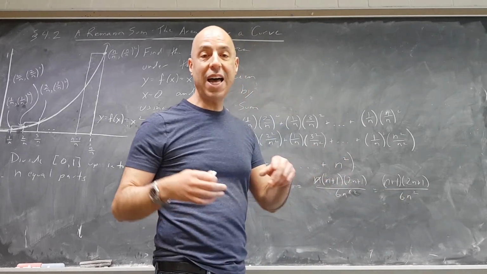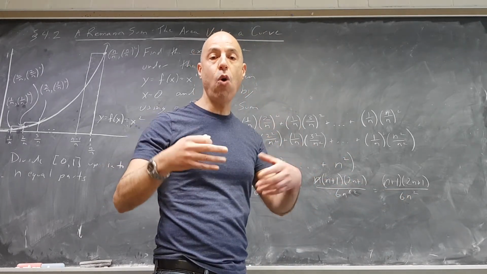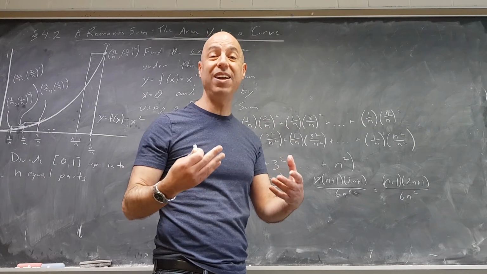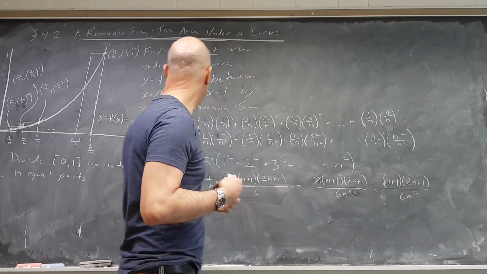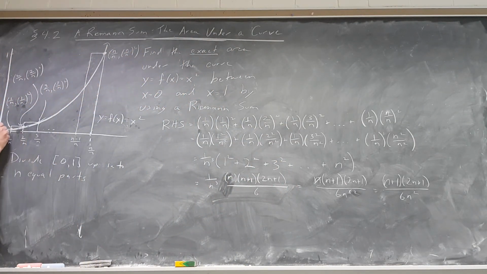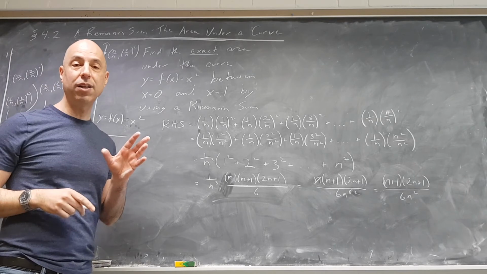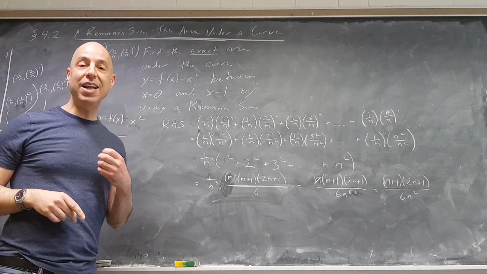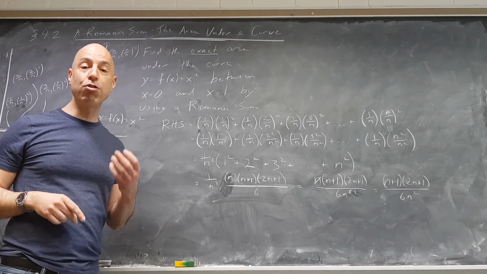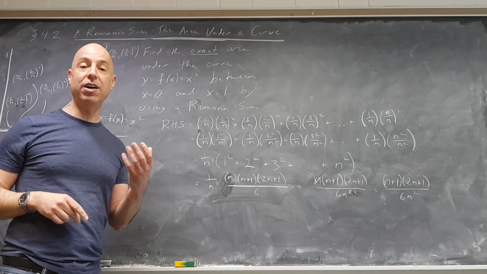And so you might be already catching on to what we're about to do. We are going to let the number of rectangles grow and grow and grow. We're letting n get very big. And as n gets bigger and bigger, if we have these really narrow rectangles under here, they stick above the curve hardly at all. And the bigger n gets, the closer they get to the true value of the area under the curve.